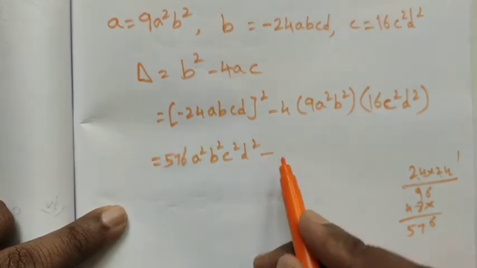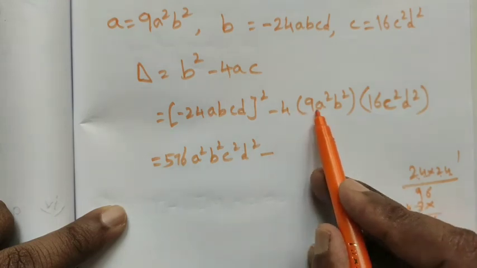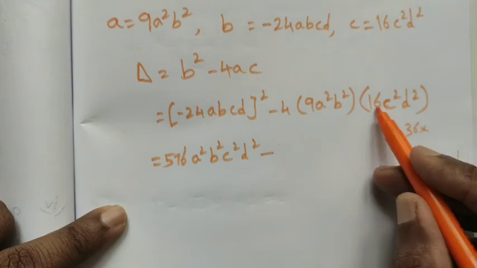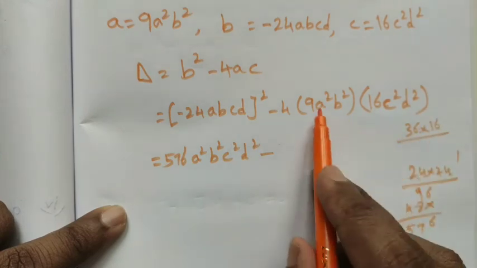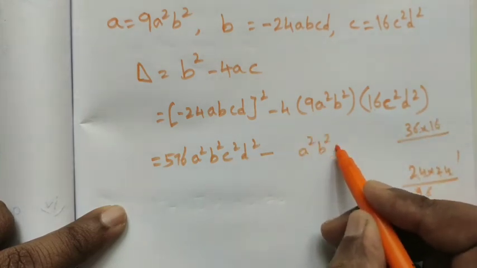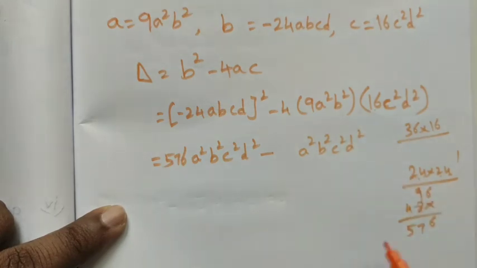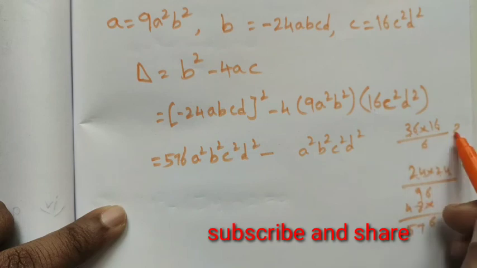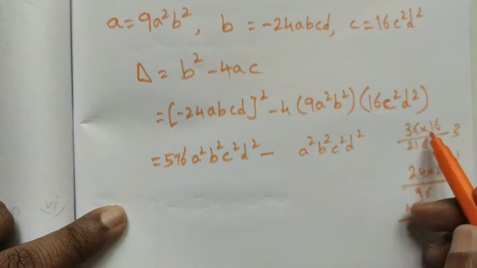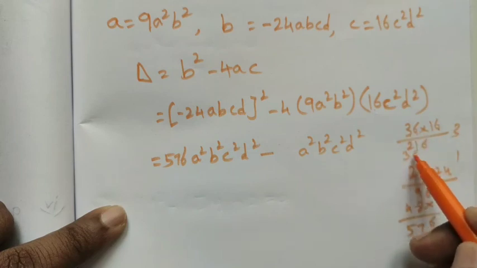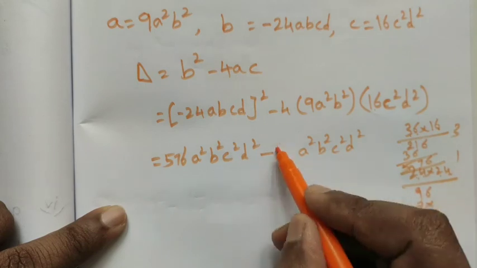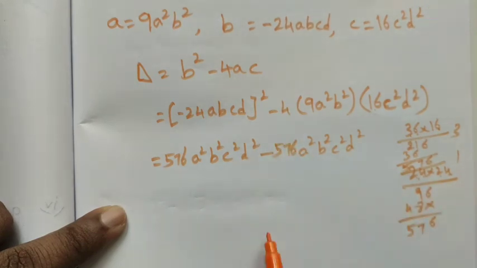And then minus, we want to multiply all of this: 4 9s are 36, 36 into 16 is 576, and the remaining terms a square b square c square d square as it is. So again we have 576a square b square c square d square.